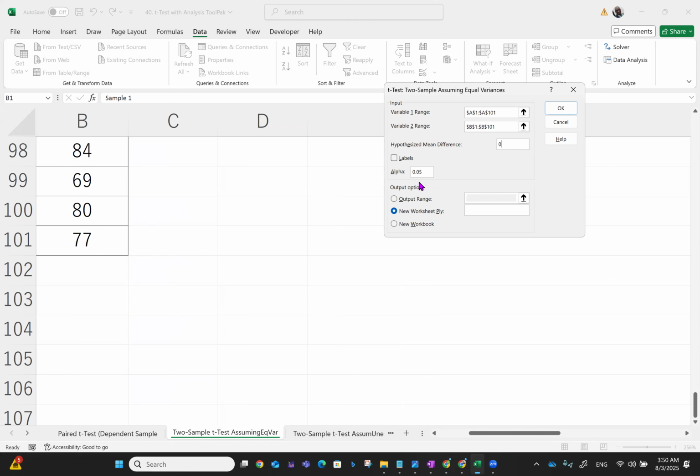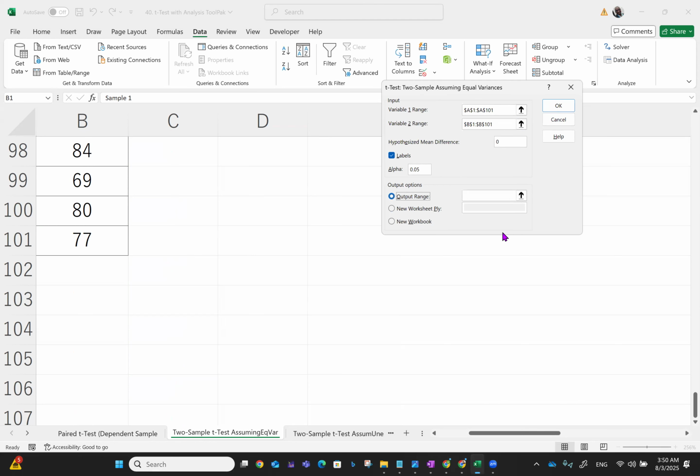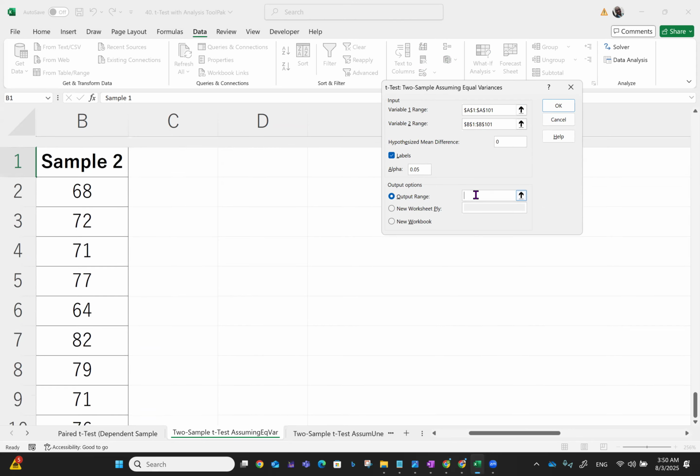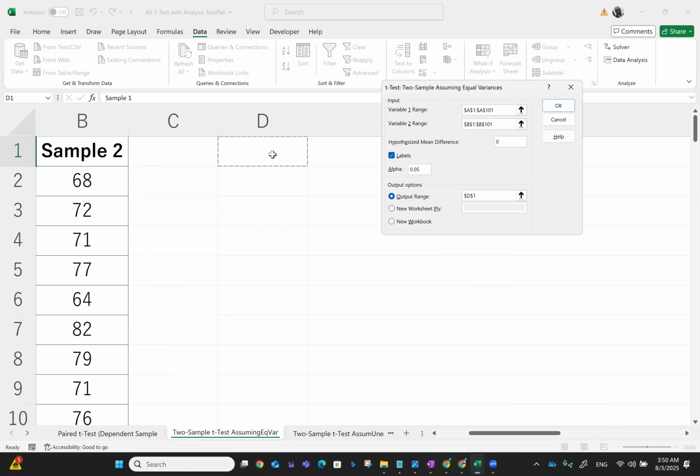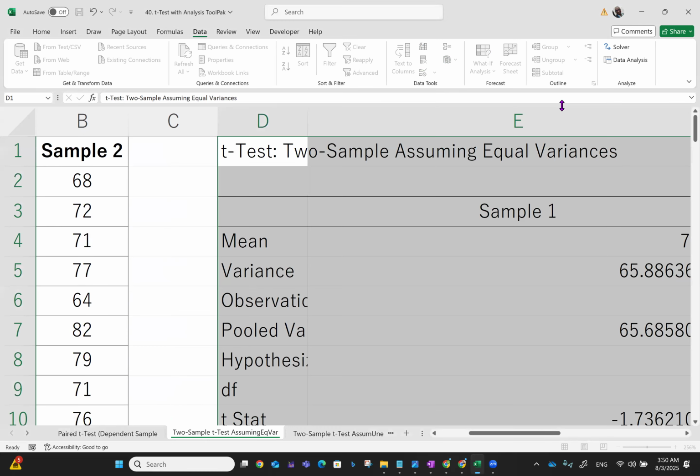If you have some other values, feel free to put them, but it's zero by default. So we have labels. In this case, we need an alpha, I think this is called a significance level or something like that. Then the output range, since we have A and B, I'll just jump to D. So I click on this, and I want the result to come here. So I just, after all of that is done, click OK in one blow.